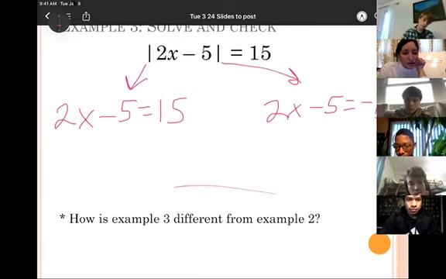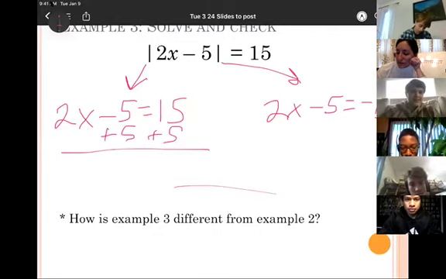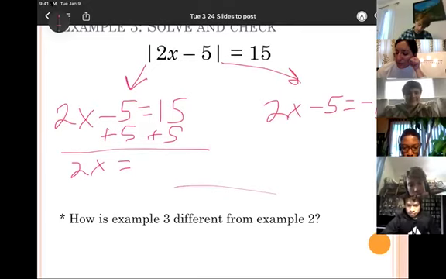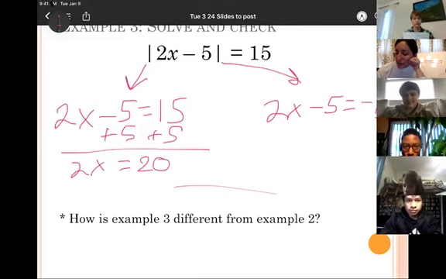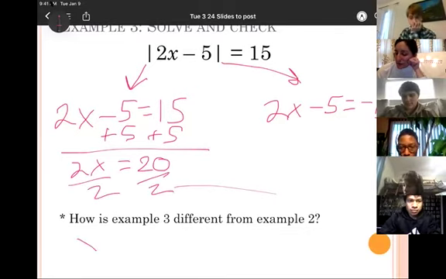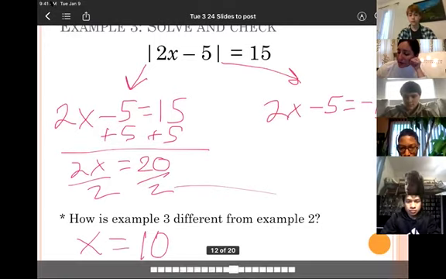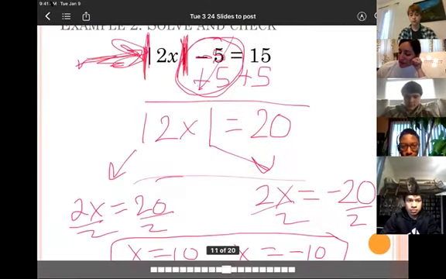You would divide 2. Actually, no. You would add 5 to 15. Okay, so I have 2x equals what? 20. And then do what? You would divide 2 on both sides, and you would get 10. X equals 10. Good. And that's what one of the answers on this guy was, x equals 10.